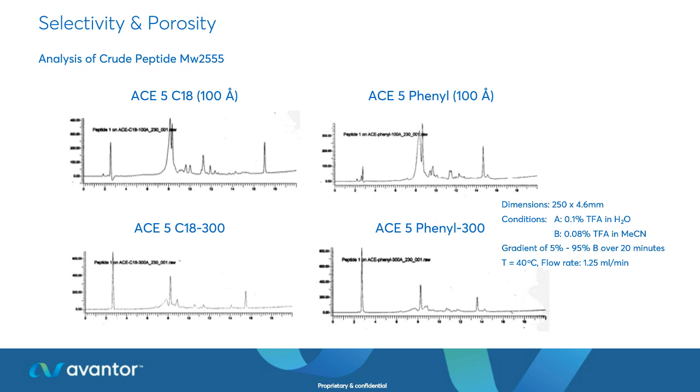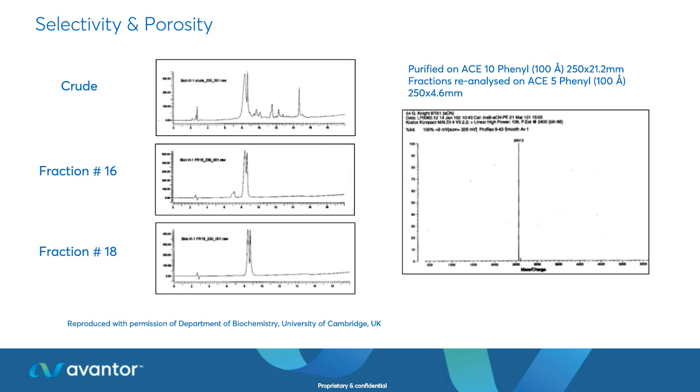So they ran all 4 analytical columns first to see which pore size was best and which chemistry. And in the end, they chose the phenol chemistry with 100 angstrom, which is actually what we predict for that size molecular weight peptide, and got very good purity of their final peptide.